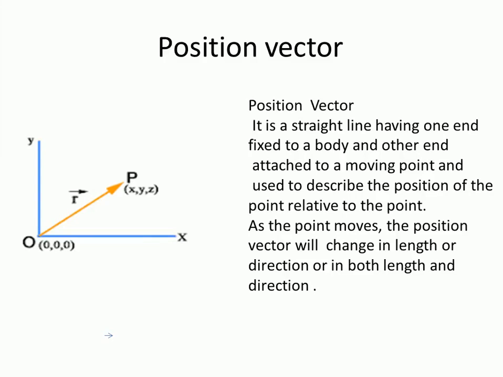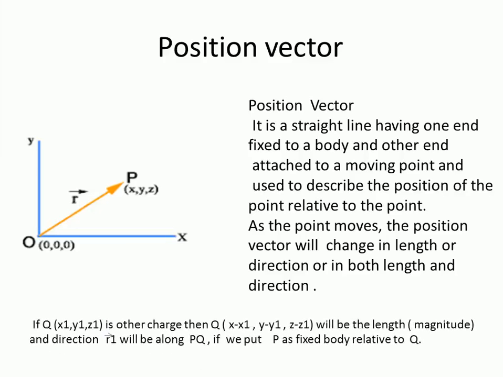Which point? The fixed point. As the point moves, suppose here P moves, then the position vector will change in length, that is R, or direction, or in both length and direction. So if Q is another particle, with x1, y1, z1 as its coordinates, then the magnitude will be x minus x1, y minus y1, z minus z1, and its direction will be along R1.